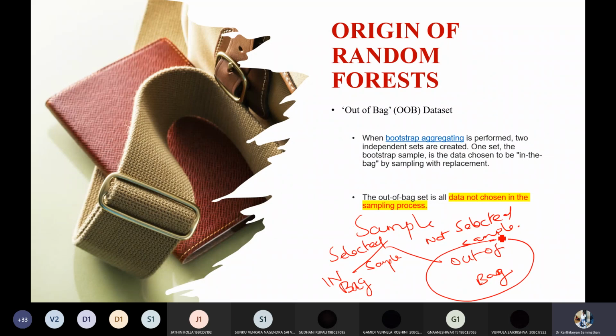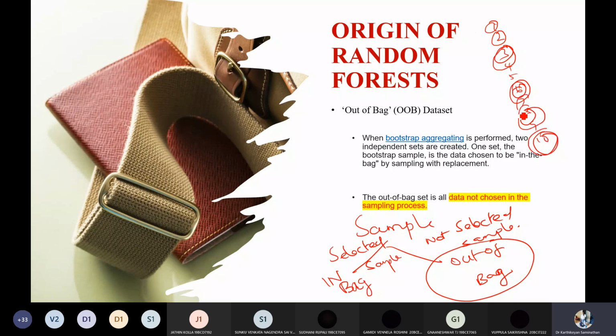I told you to assume there are 10 samples: 1, 2, 3, 4, 5, 6, 7, 8, 9, 10. The first time I am doing sampling with 1, 3, 6, 8, then 10. The second time I am doing it with 2, again 3, then 4, again 6, again 8, again 10.